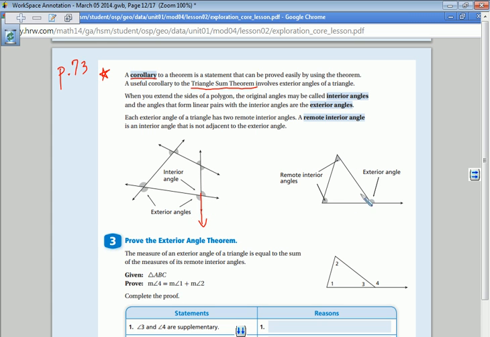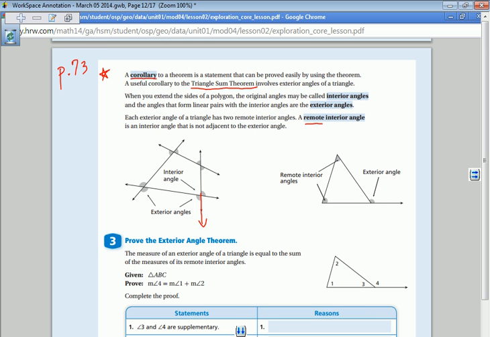So when we're talking about triangles, if we extend one of the sides of the triangle, the exterior angle is here on the outside. And then specifically for this example, what we're talking about are considered remote. Well, remote means not close, right? Far away. So these two are called the remote interior angles because they're the ones that are further away from the exterior angle.